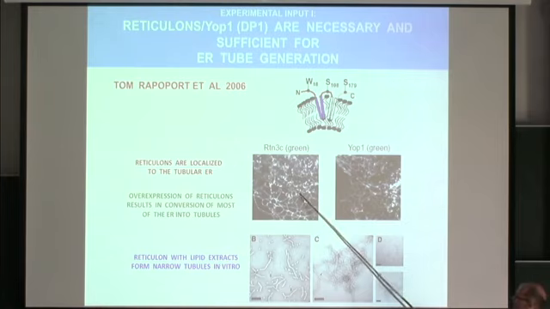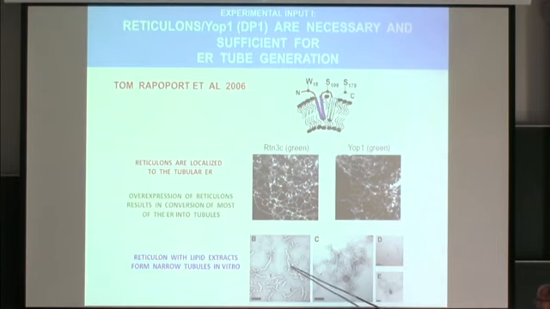It was shown that they partition to the tubes and not to the sheets. It was shown that depletion of reticulons from a cell drives transformation of tubes into sheets, and overexpression drives the transformation of sheets back into tubes.